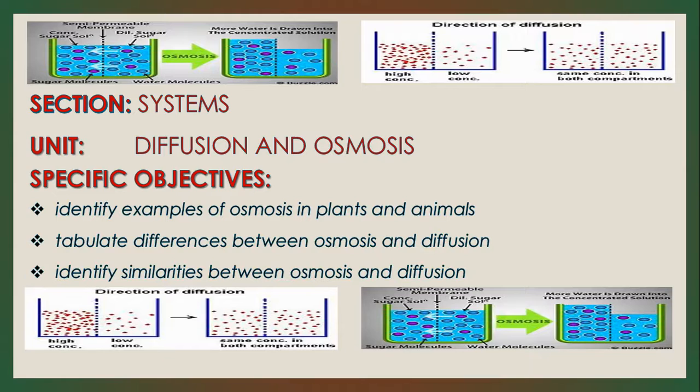And three, identify similarities between osmosis and diffusion. We're going to take each objective one after the other. My prayer is that by the end of this lesson, you learn the best. You will get the best information.